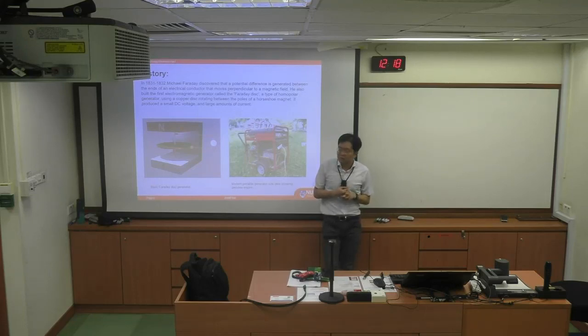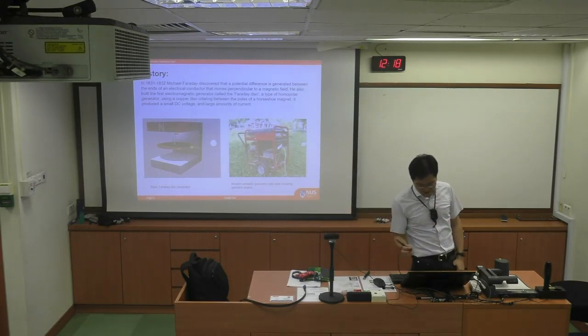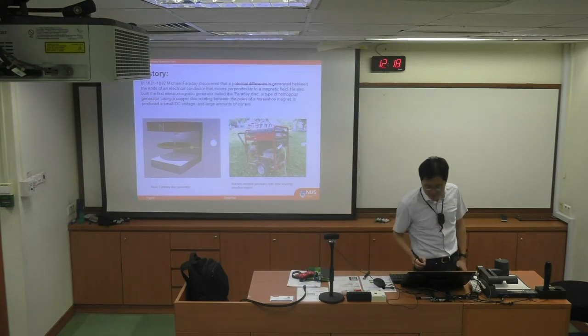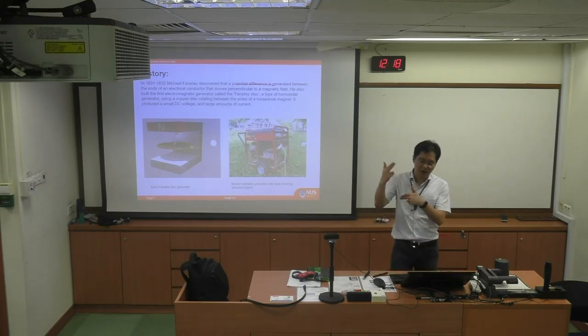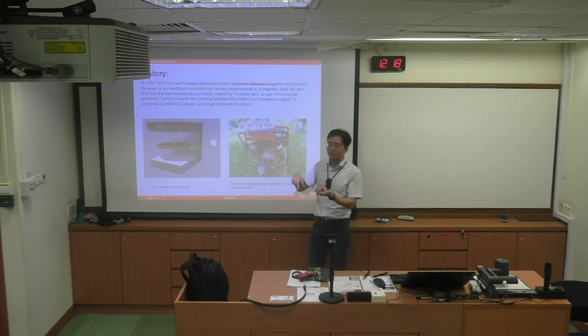Anyway, when you look at the history of electricity generation, that's when Michael Faraday discovered that a potential difference is generated between two ends of an electric conductor. So basically the generator is the opposite of the motor. A motor is if you apply voltage, with a static magnet, it will be rotating.